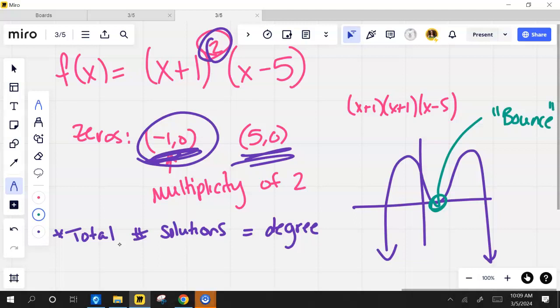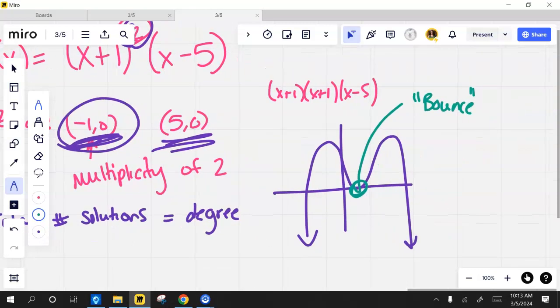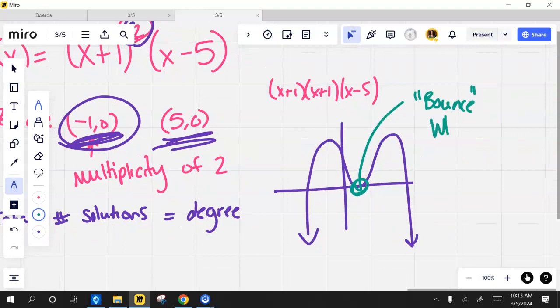And bounces happen when I have an even multiplicity, right? Bounce, okay? And bounces happen when your multiplicity is even. 2, 4, 6, 8.